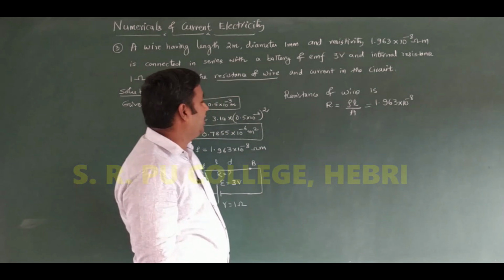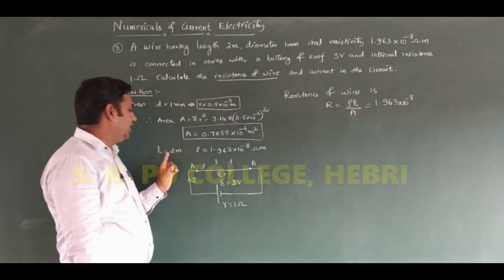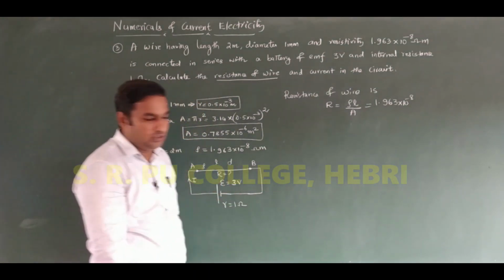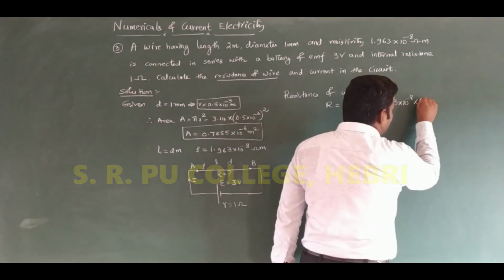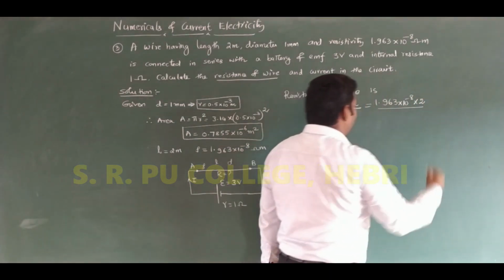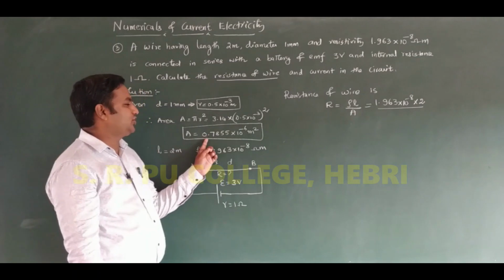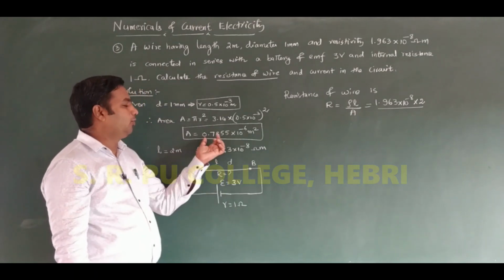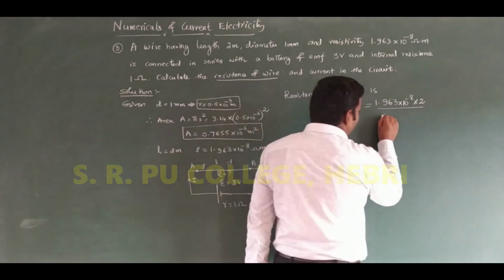Not only that, they provide the value for the length of the wire also. Length of the wire is 2, divided by area of cross section, which we just calculated, 0.7855.